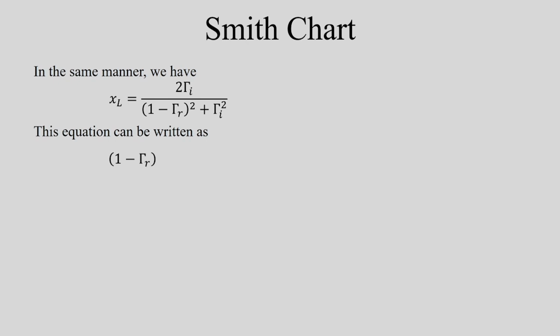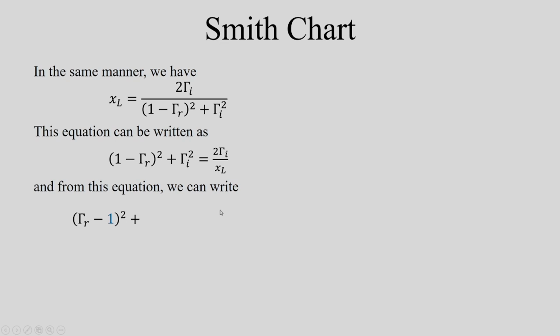In the same manner, if you consider the expression for normalized reactance XL, then we get 1 minus gamma R square plus gamma I square is equal to 2 gamma I by XL. Now, what we can do?